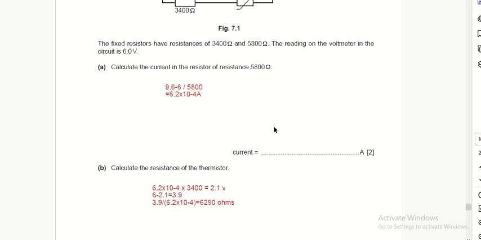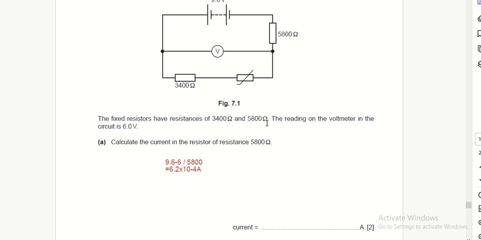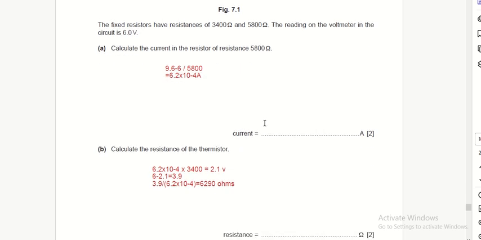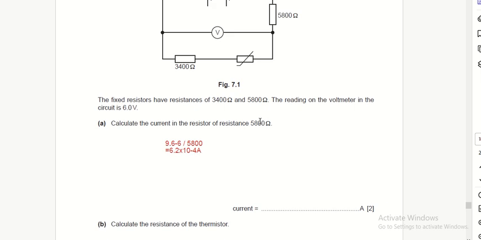Resistance of the thermistor: there are multiple approaches to this. I choose to first get the voltage drop across the 400 ohm resistor.